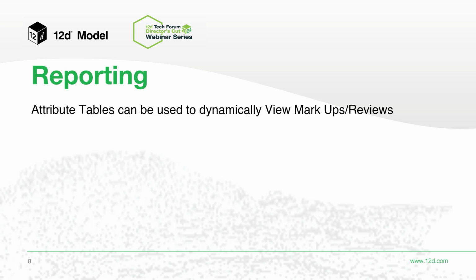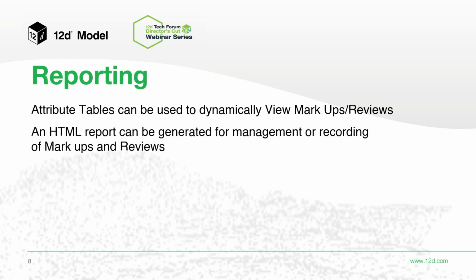There are common reporting tools. Attribute tables can be used inside 12D Model or 12D View to dynamically view the location of the markups or reviews. An HTML report can be produced, and this might be handy for having a paper copy or going into a meeting and sharing with everybody else how many changes have not been done, or which changes have been done and completed but not been verified, and so on and so forth.